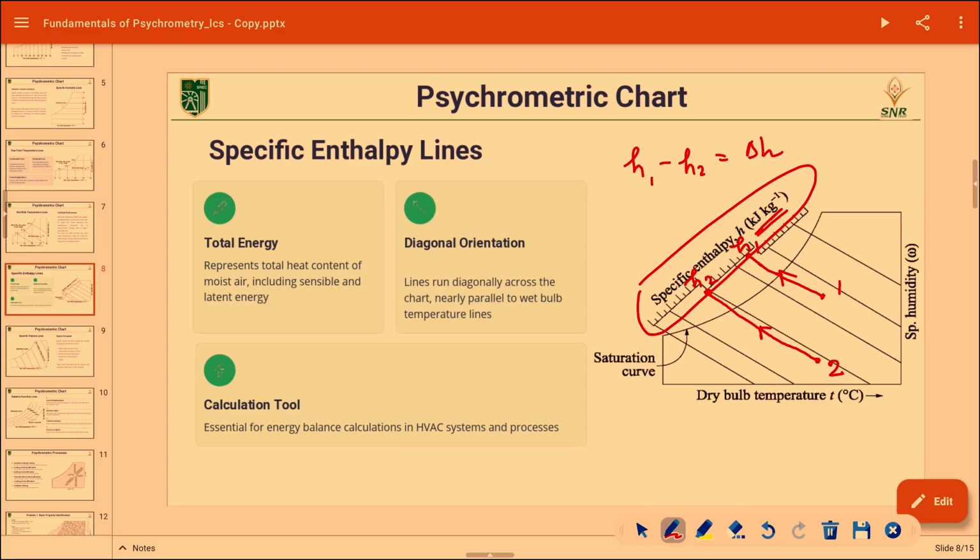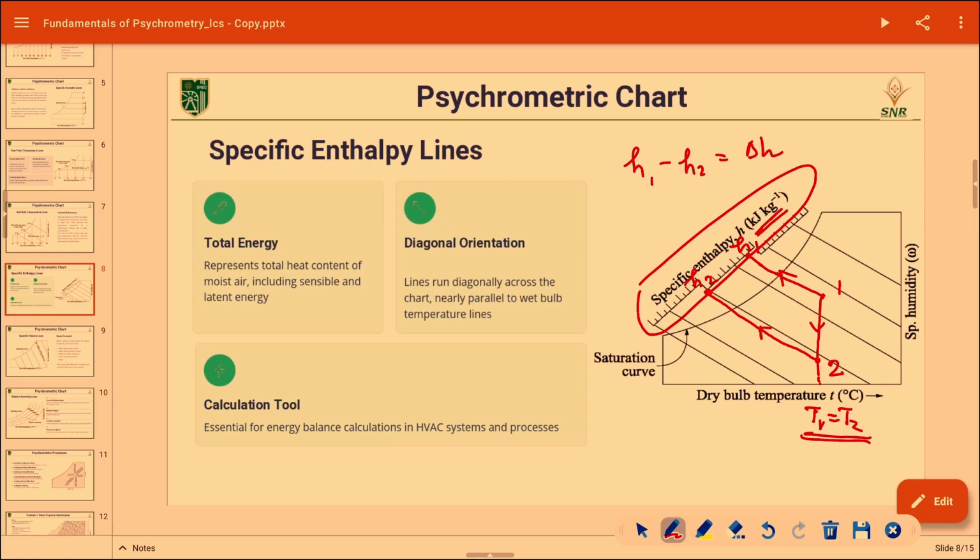Here, for example, in this case 1 to 2 is this process, here you can notice what? T1 equal to T2, there is no change in dry bulb temperature, but still I can say some load is removed from it. What kind of load?